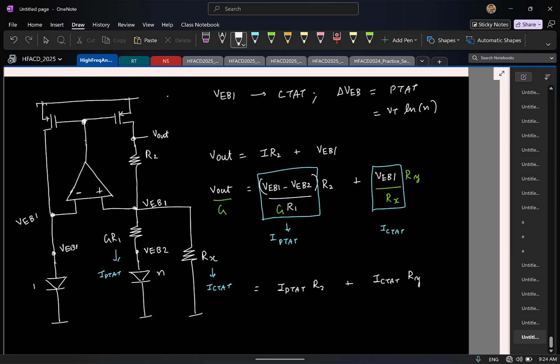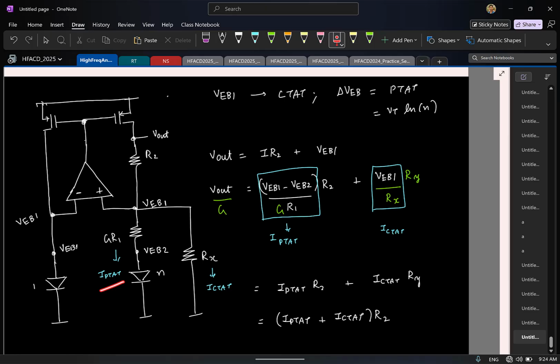If I have to reduce it to an easier operation, you choose Ry to be equal to R2, then it essentially becomes the sum of the currents. Make sense? So all I have to do is sum up these two currents, make it flow through a resistor R2, and I tap the voltage from R2 and I'm set.